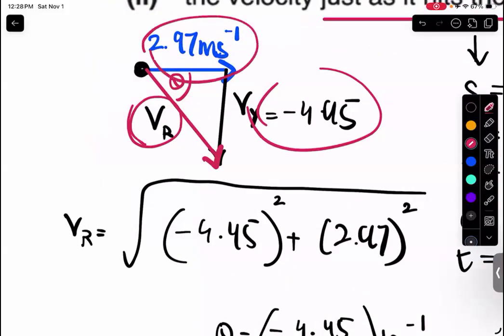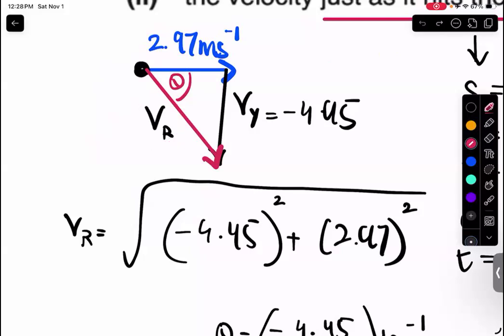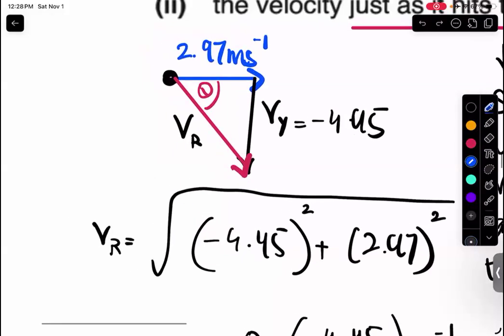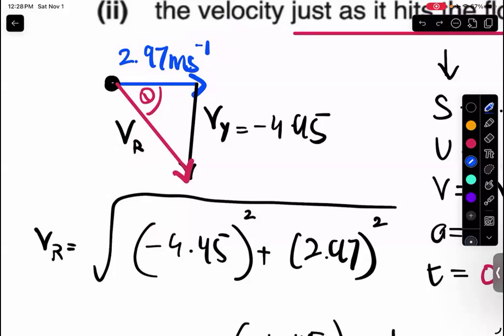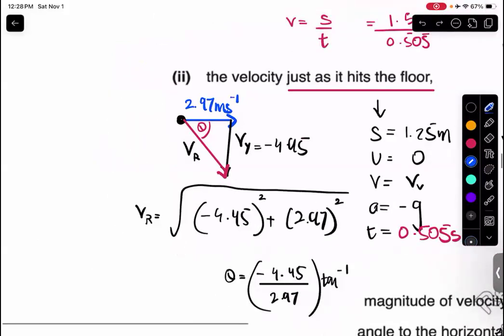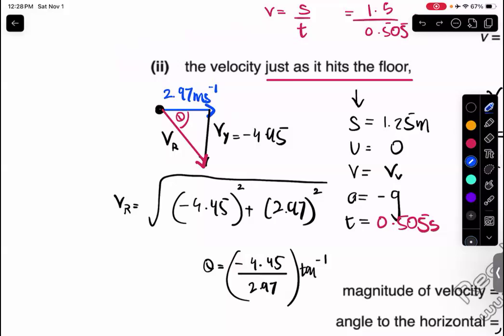Generally, I prefer to not use the calculated side because we're often rounding off this and then rounding off this, and then the resultant velocity is further rounded off. So I prefer to take the one that has not been calculated that much. 2.97, we calculated that, and we also calculated this, so these are less rounded off than the resultant ones. That's why I choose tan theta.